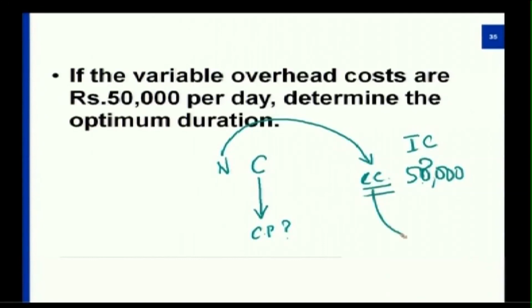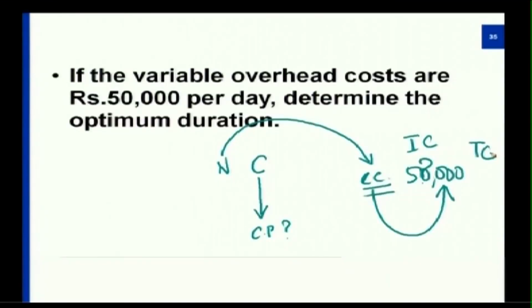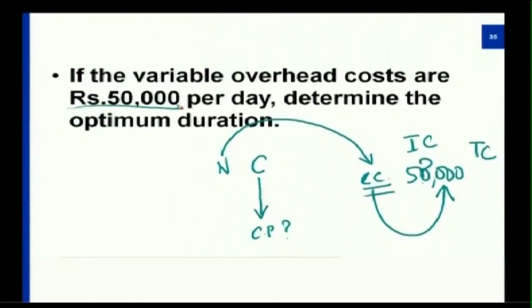Now this crash cost plus indirect cost would give me the total cost required for completion of this kind of project. On top of what I have explained, the previous problem mentioned reducing to the maximum duration possible. Now, what I have mentioned is rupees 50,000 per day against the actual duration available.